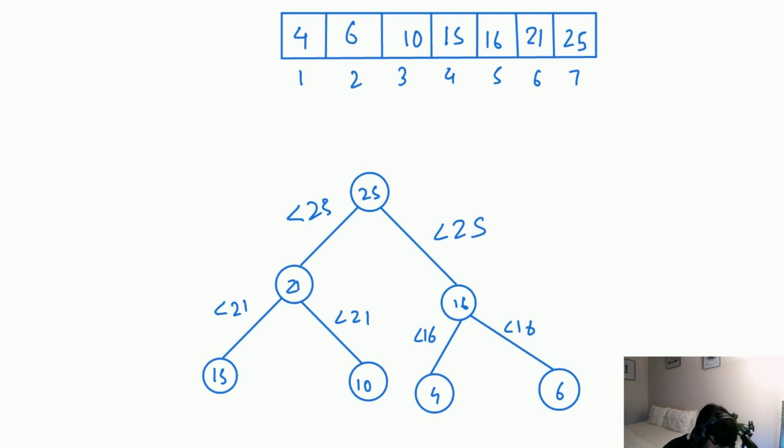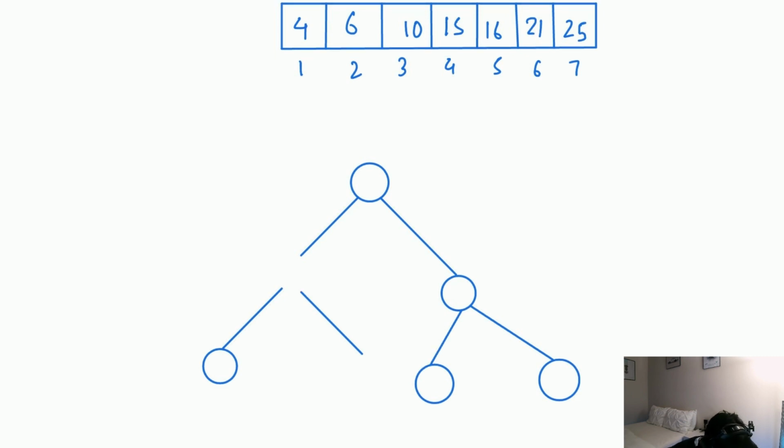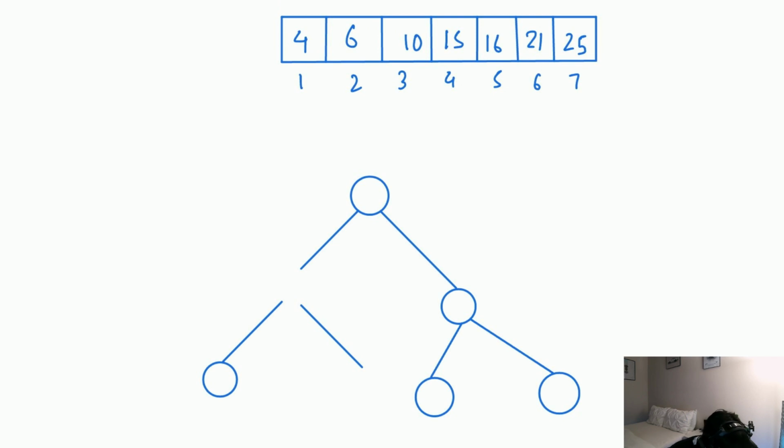Now, there's another representation of a heap structure called the min heap. In the min heap structure, all we consider is that we start with the smallest element, and the smallest element is the root node, and everything below should be greater than that element.